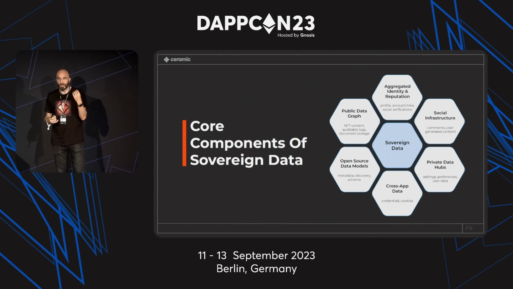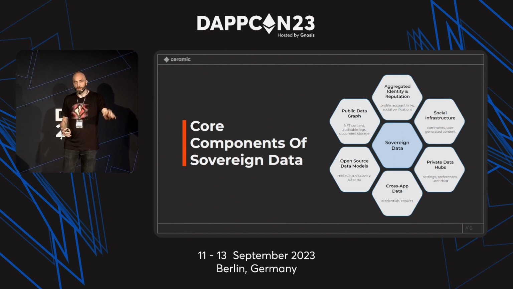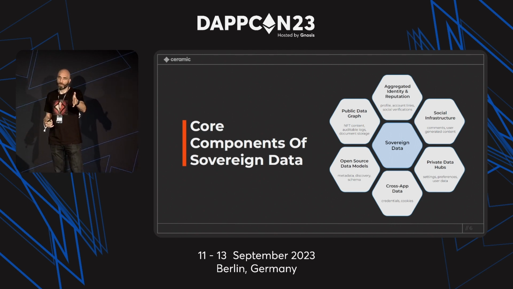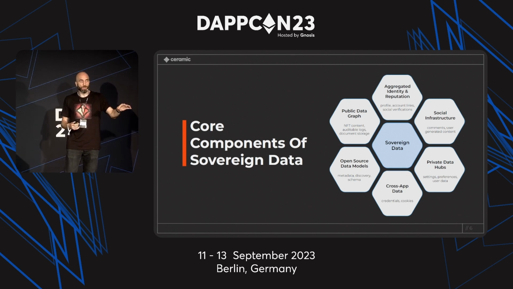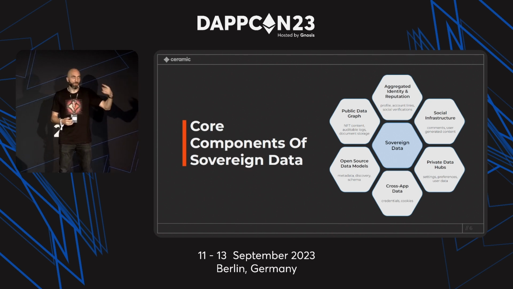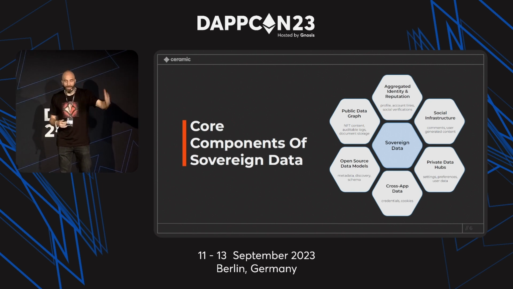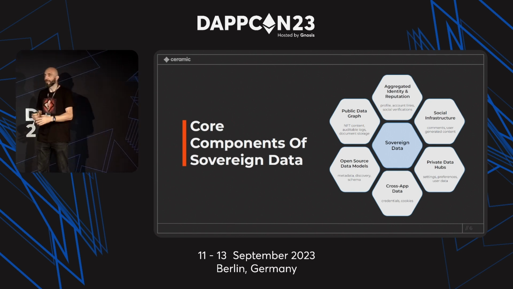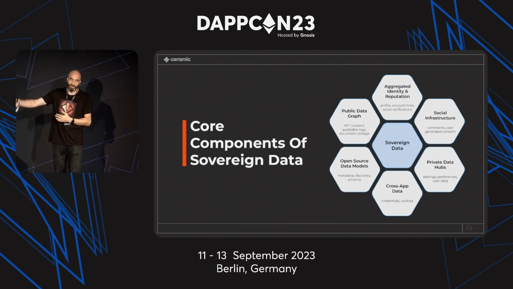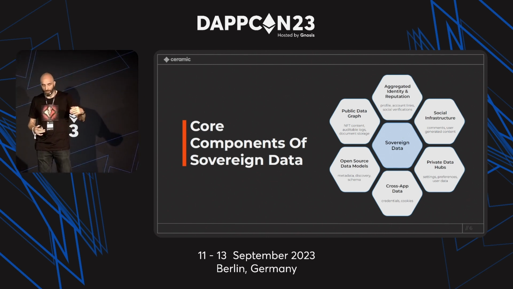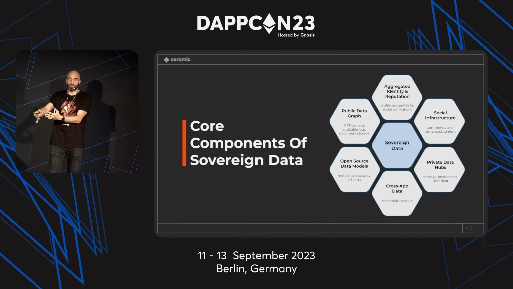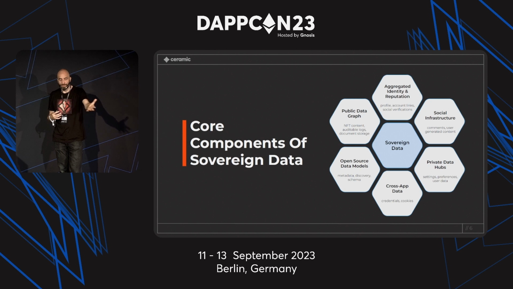I need to be able to verify: this is the real user, this is their identity and reputation, and these are the actions they took over the last years. Each of those actions builds up their profile, interacting over time with that specific smart contract, doing that action on a different app, and so on. So basically, the longer you use it, the more you build up the reputation, and then the app can trust that this is the real user.